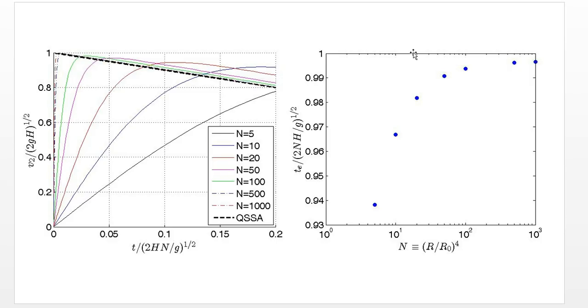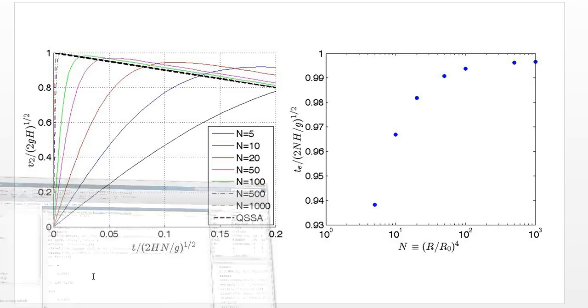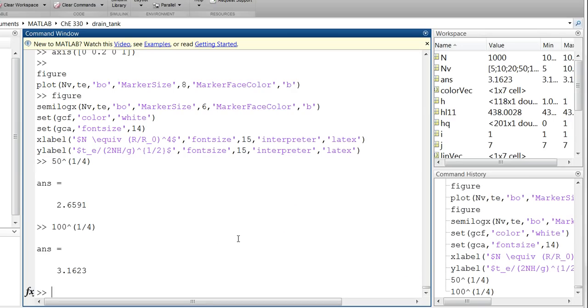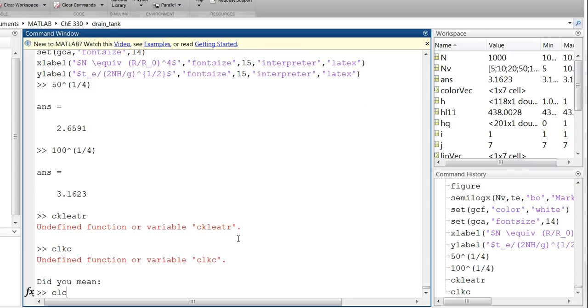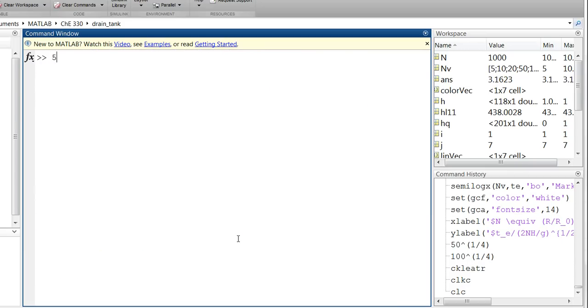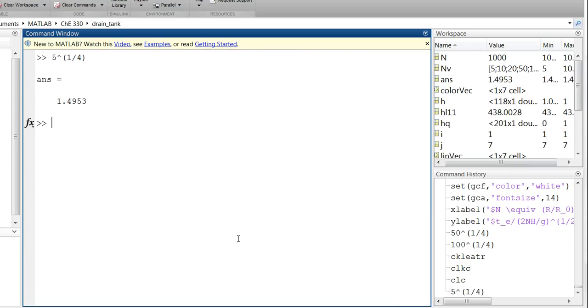So the quasi-steady state approximation would always predict the value of 1. And we can see here, even when n is very small, so when n is equal to 5, 5 to the 1/4 power is 1.5 approximately.